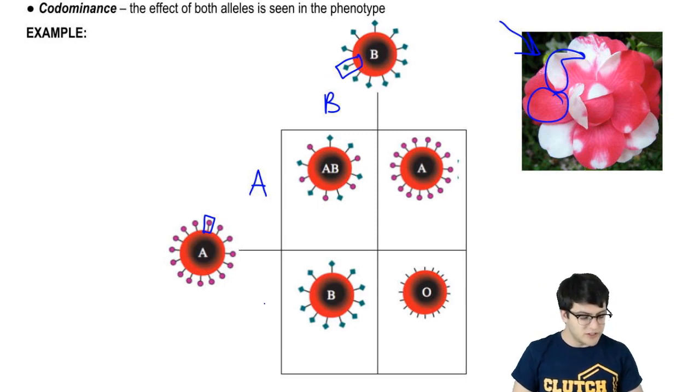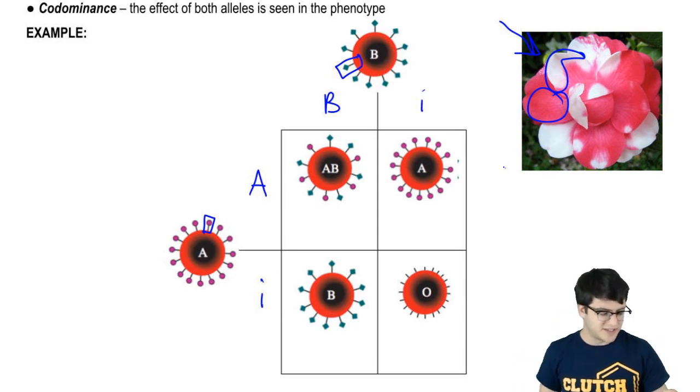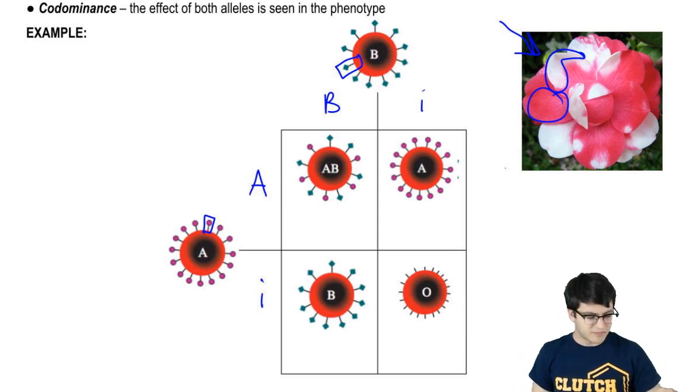So there's also a recessive allele with blood type that we symbolize with the lowercase letter i.